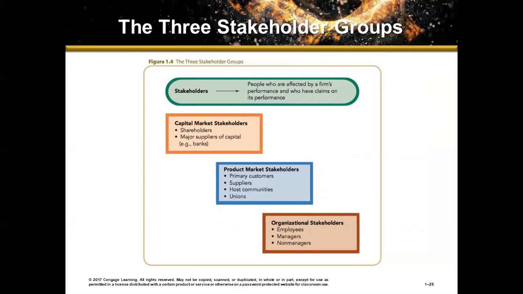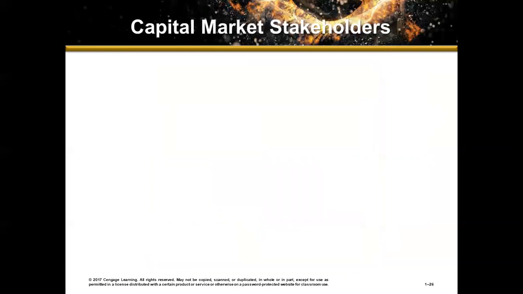Under the capital market stakeholders, that includes shareholders and major suppliers of capital such as banks. Under product market stakeholders, you have primary customers, suppliers, host communities, and unions. Organization stakeholders, however, include employees, managers, and non-managers.